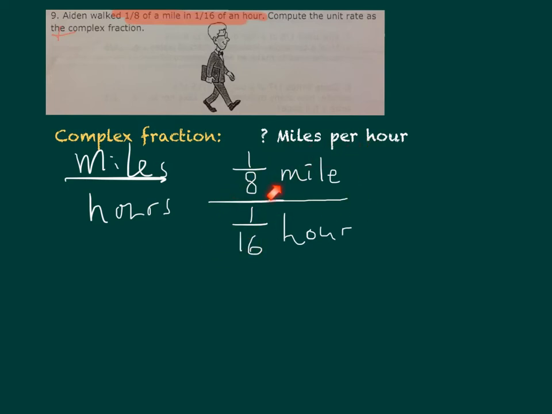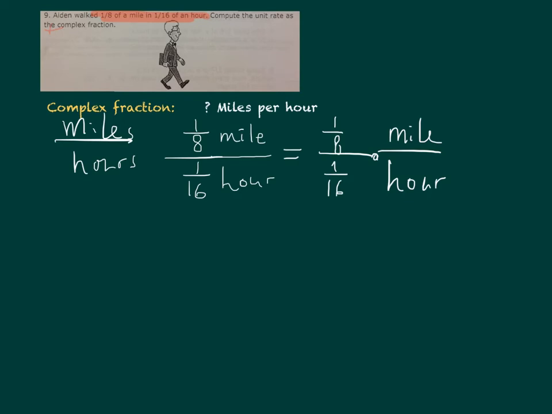But you also want to worry about the units, so you don't want to forget about them. You can actually separate the units from the number part, just like this. So this is 1/8 over 1/16 times mile over hour. This is what I meant by separating the units from the number parts.